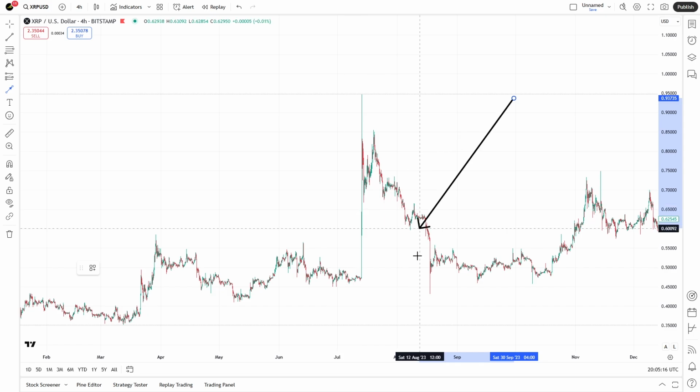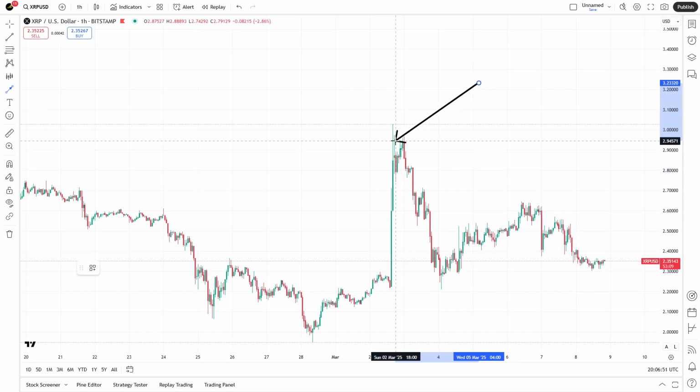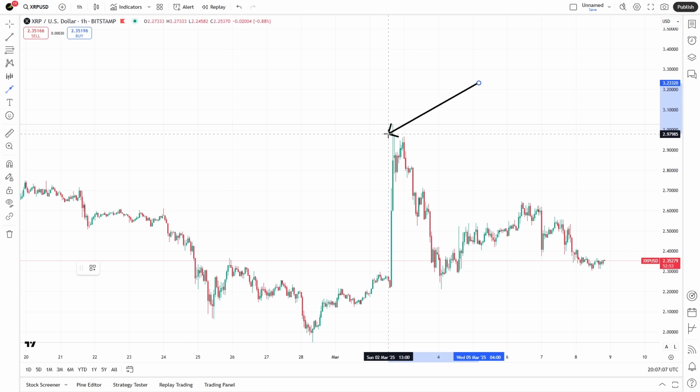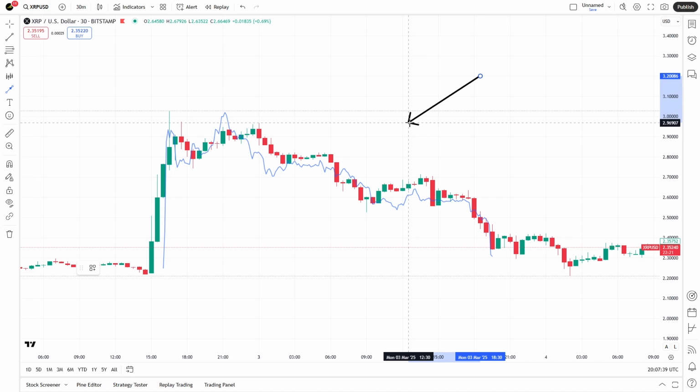Well, if we copy this structure and paste it onto today's chart, where it moves up and moves back down, now this was the result of President Trump posting about XRP being included in a reserve, a crypto stockpile. So if we were to copy that fractal and paste it onto this part of the chart, it would look something like this. As you can see, it's a very similar structure. In fact, it's the same structure. I'm going to call this structure the good news structure.